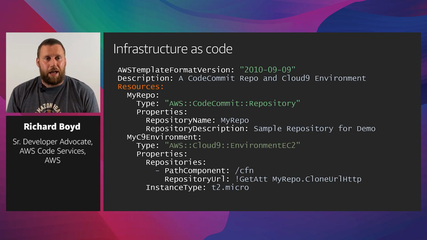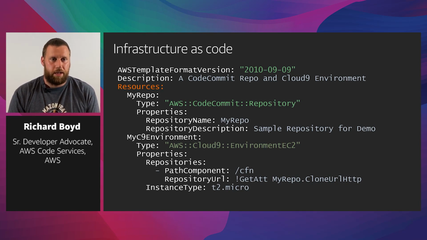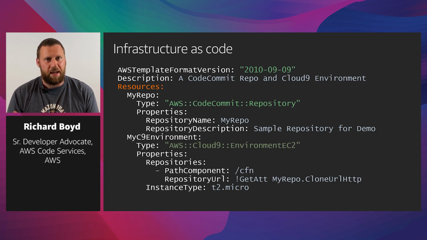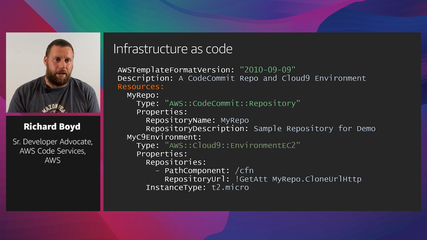Here's an example of a CloudFormation template. This template describes a description which says what the template does. It's human-readable metadata about the template that says what your intention is. It's kind of like a comment in code. And then there's a section for resources. In this section is where you list, in this particular example, we're creating a CodeCommit repository and a Cloud9 environment.